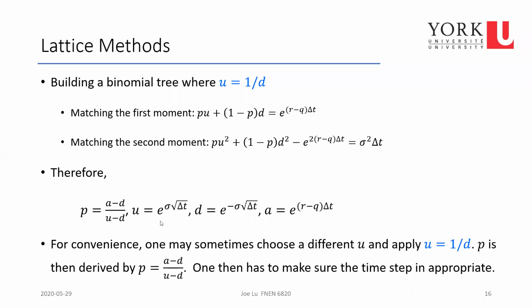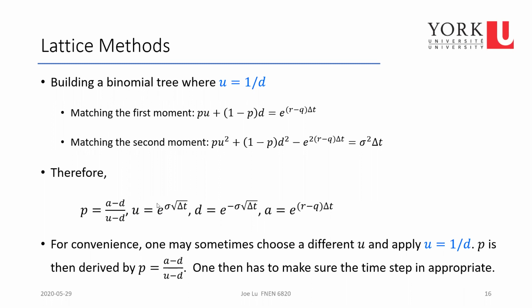Having this U term like this gives us a fairly good numerical efficiency. But there may be reasons that people do not want to use a U equal to this particular value, so they may specify a different U. They can also do that.